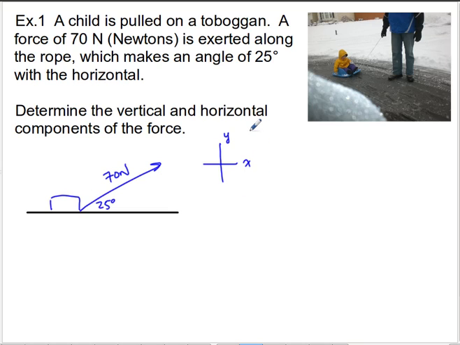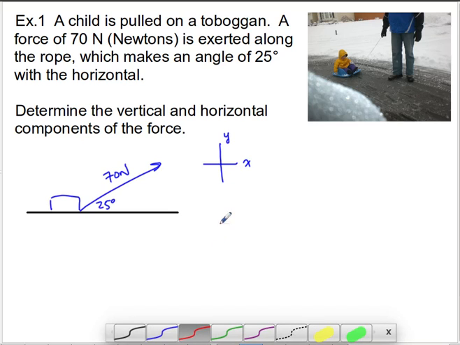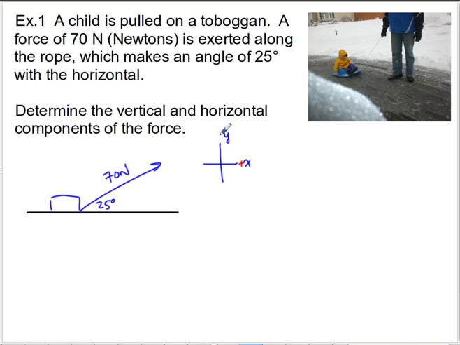So what I recommend is do your sketch, and then in some separate part you might define your x and y axes. And if you draw it like this, it is understood that wherever you've labeled the x is the positive x and the positive y. If you really want to, you could make it very explicit and say that positive x is there, positive y is there.